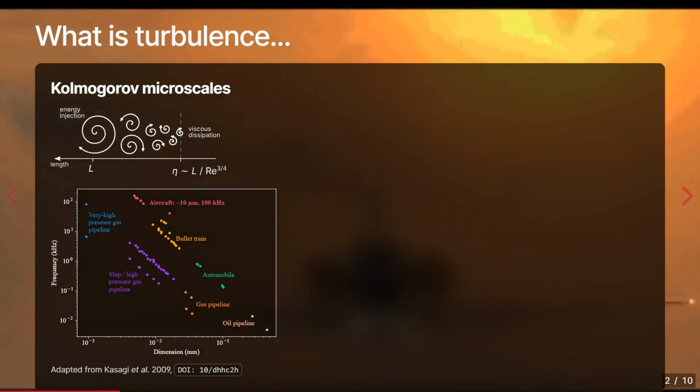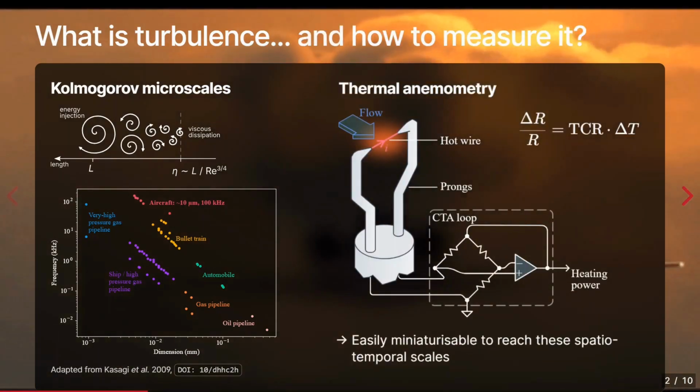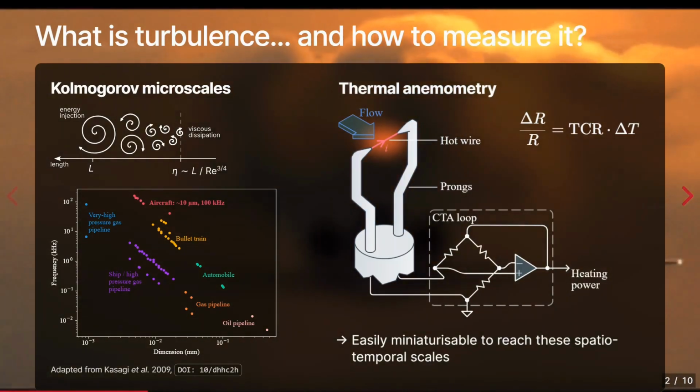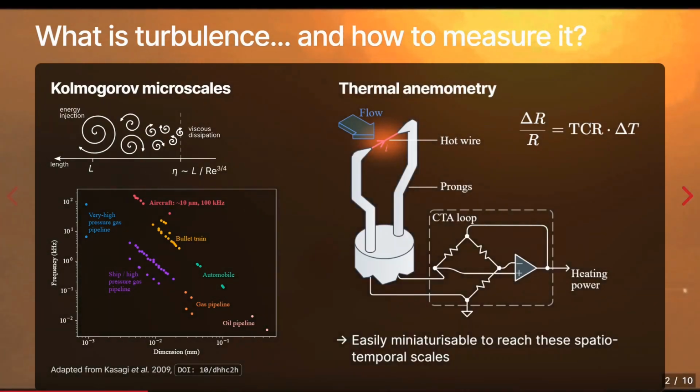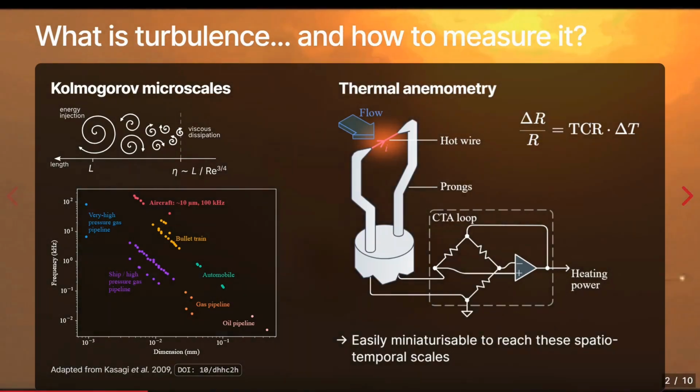So how can we do it? Among all the flow measurement techniques, thermal anemometry seems to be a good one. So the principle is the following: say you wet your finger. If you feel it cool down, it means the wind is blowing.